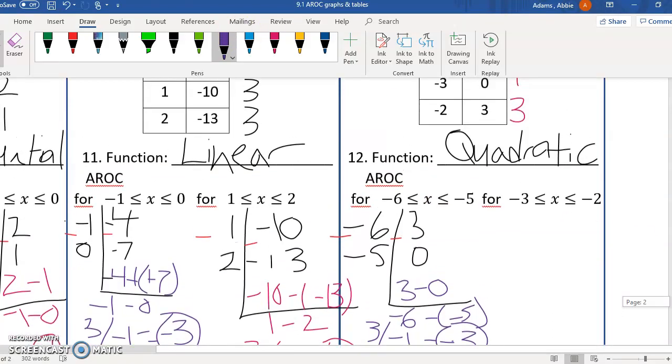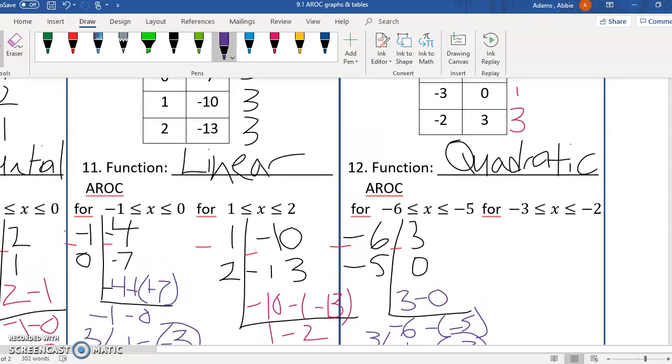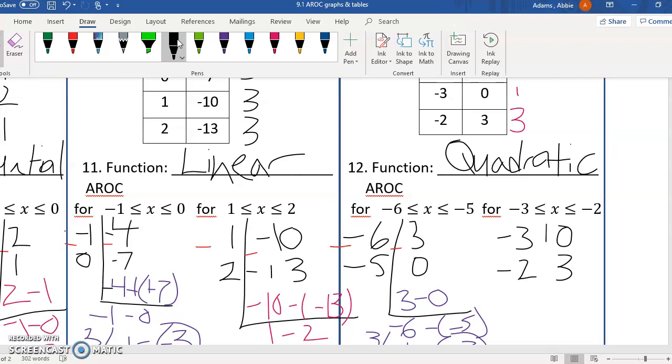And let's look at the second interval. When x equals negative 3, y equals 0. And when x equals negative 2, y equals 3. So I'm going to find the differences here. Remember, your x values are on your left, your y values are on your right.